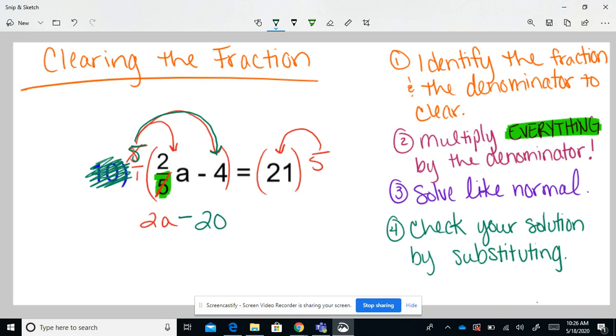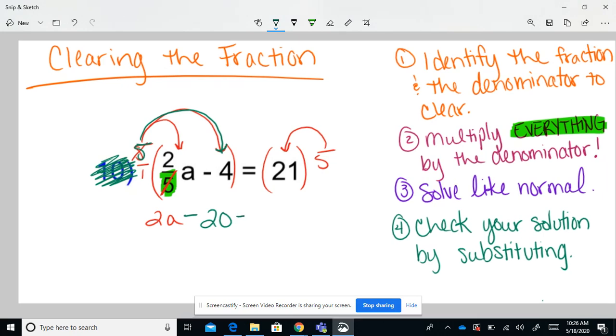So I have 2a minus 20 now, because the 5s cancel out in the first term, and I'm just left with 2a equals, now 5 times 21, okay, I'll do that on my right-hand side, and over there I will have 105.